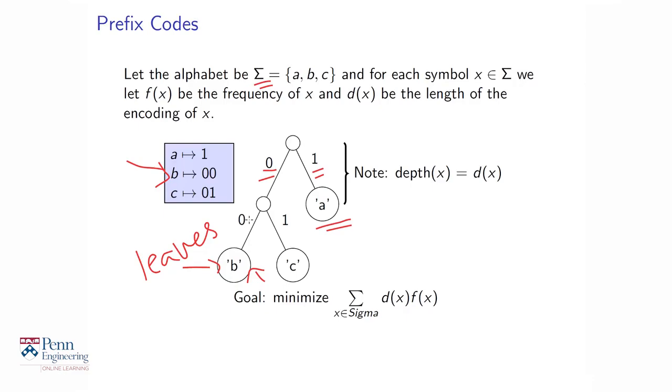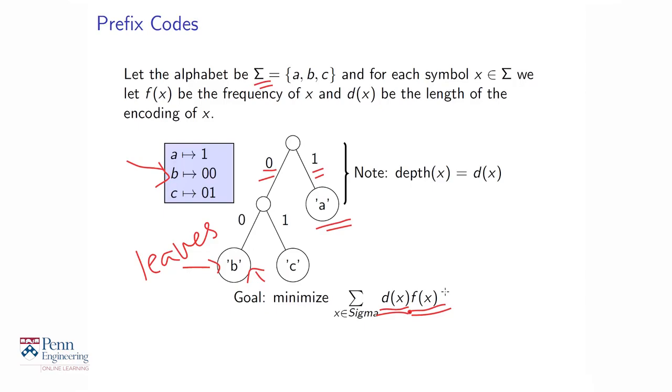Well, each symbol occurs with a certain probability or frequency. The symbol x occurs with this frequency f of x. Every time it occurs, you need to send a code word whose length is equal to the depth of x in this tree. And so the total length of the binary string that you transmit is going to be the product over all the symbols of their depth times the frequency.